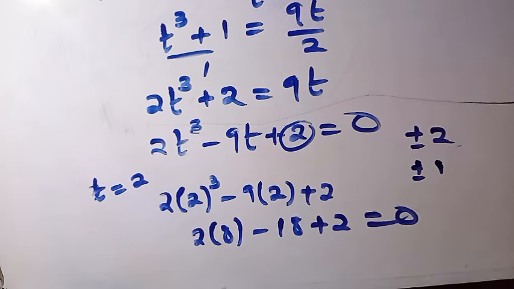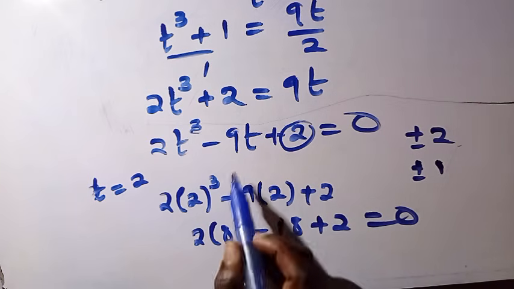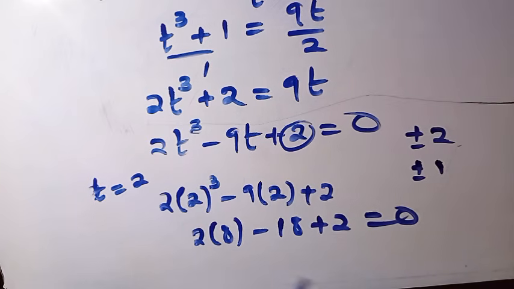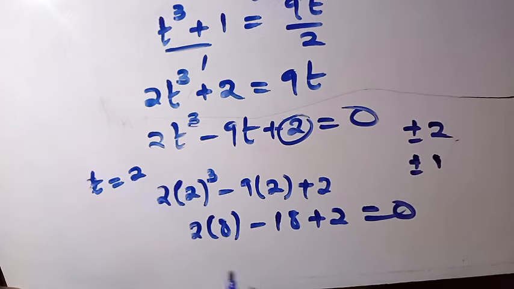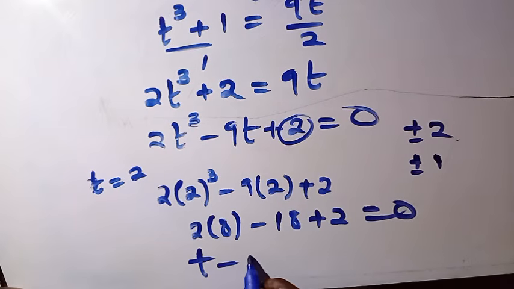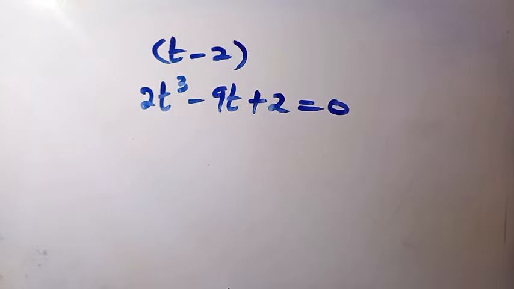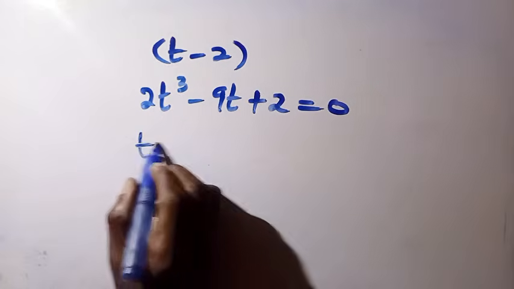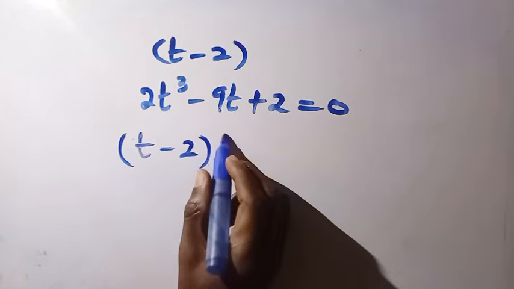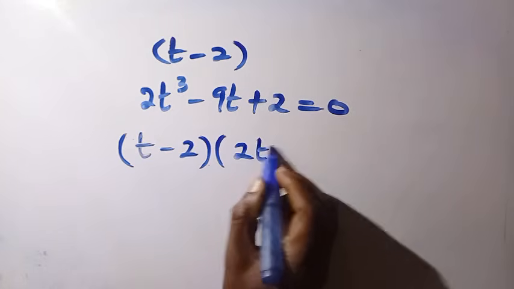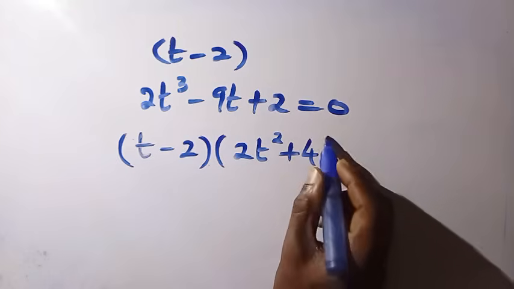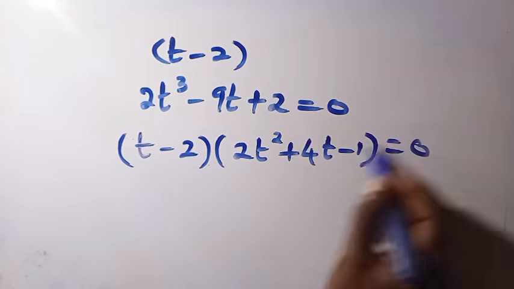Now after knowing this, we are going to use the long division method of polynomials to find the remaining factors. We have gotten one factor, which is t minus 2. So it's one of the factors of this equation. Then by applying the long division method of polynomials, we are going to have t minus 2 into bracket of 2t squared plus 4t minus 1 equals 0.